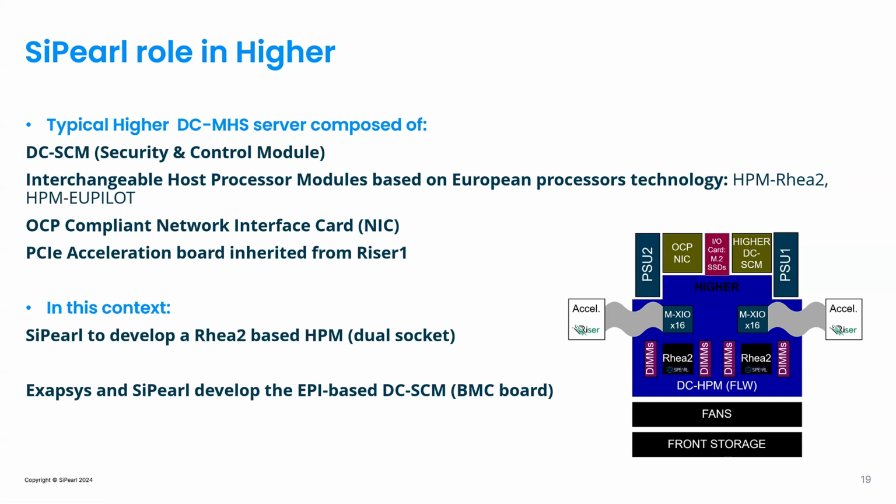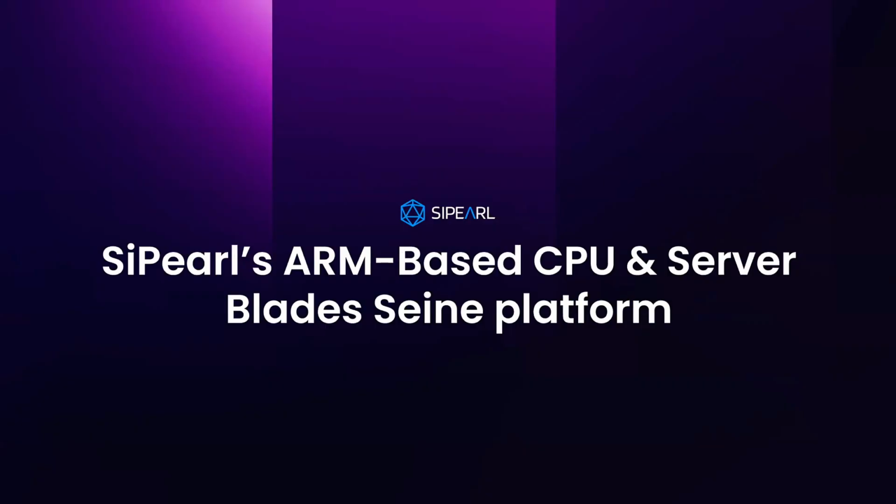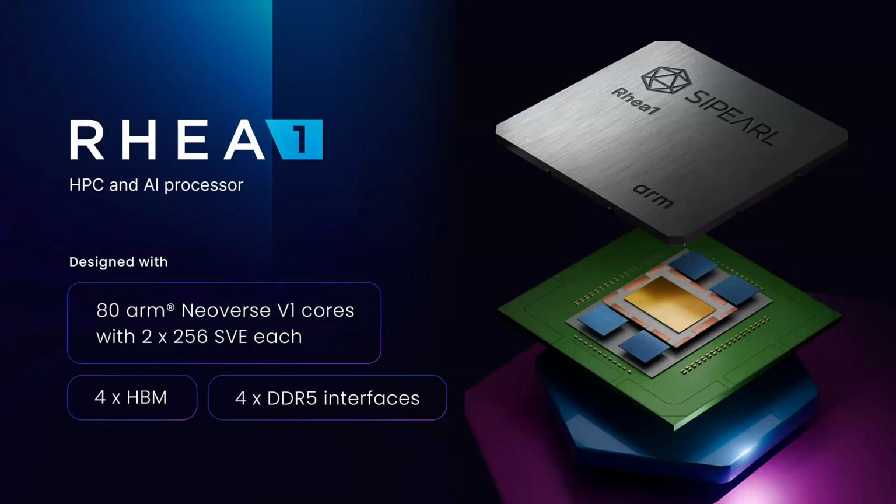For me, this is the end of the third part, and now we are ready to see the ARM-based CPU developed by SiPearl, and I will conclude my presentation with the server plate and the Seine platform. Our first generation of CPU will be called Rhea1 and could be used as an HPC and AI processor.